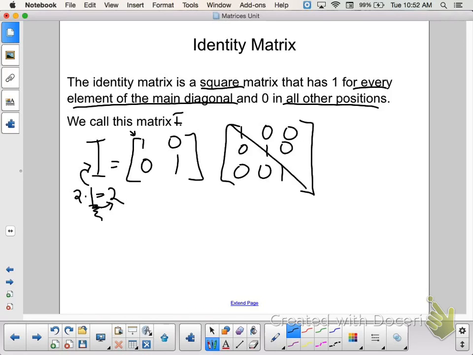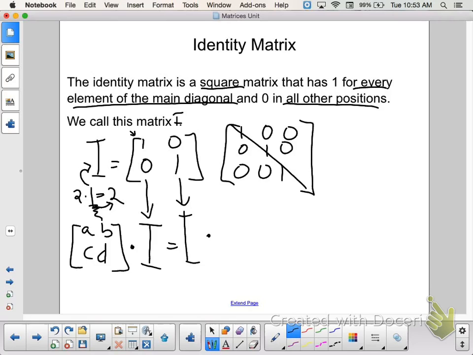So if I have a matrix that I'll just call A, B, C, D, the elements I'll just call A, B, C, D. If I multiply that by the identity matrix, then that will also equal the identity matrix times A, B, C, D. So notice how I can switch these and I still get the same thing.